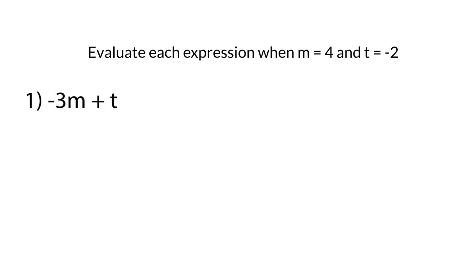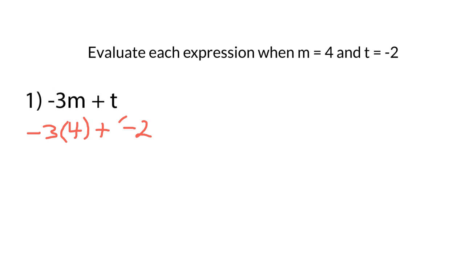For these next examples, we have two variables that we need to substitute for. m is equal to 4 and t is equal to -2. So if we go to our expression -3m plus t, we're going to have to substitute both variables. So let's do that. I'm going to rewrite this, -3, and then m is being replaced by 4, plus, and t is being replaced by -2.